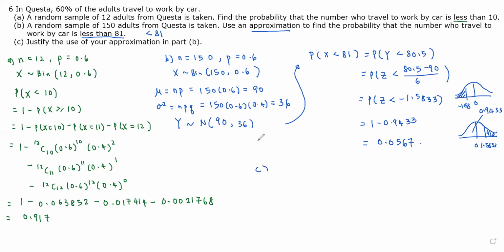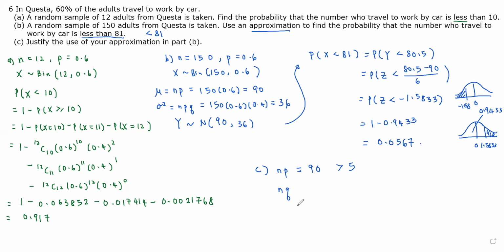Part C: justify the use of your approximation. In order to approximate to a normal distribution, we have the condition that np and nq must both be greater than or equal to 5. np is the mean, which is 90. This is greater than or equal to 5.